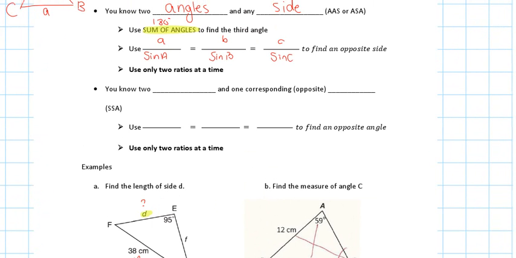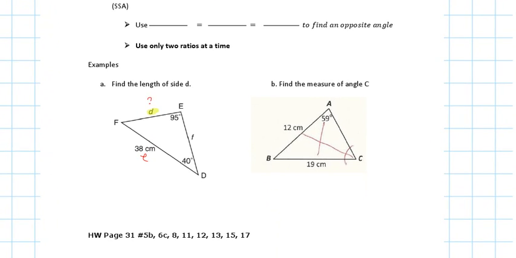In this case, I'm going to use E and D. Why not F? I don't have F. Even if I do have F, it's not asking me to find F, so I don't care about it. What I know is E, both the angle and the side, and I know angle D, and I'm asked to find side D. So the letters I'm going to use are E and D.